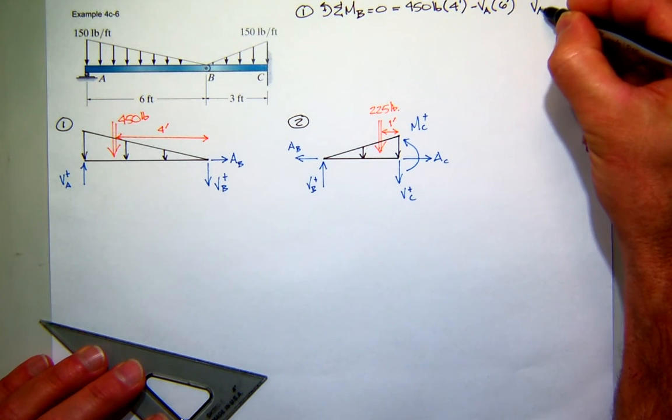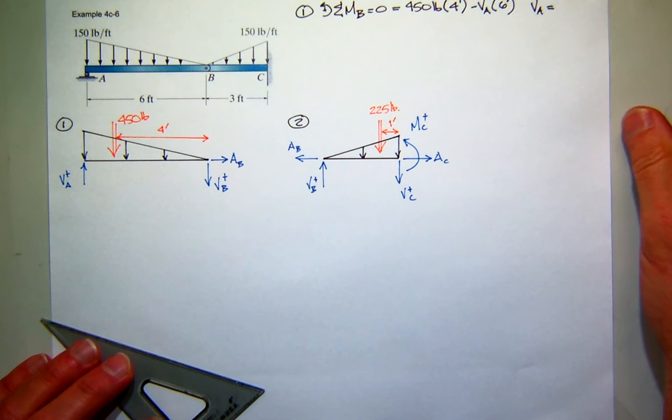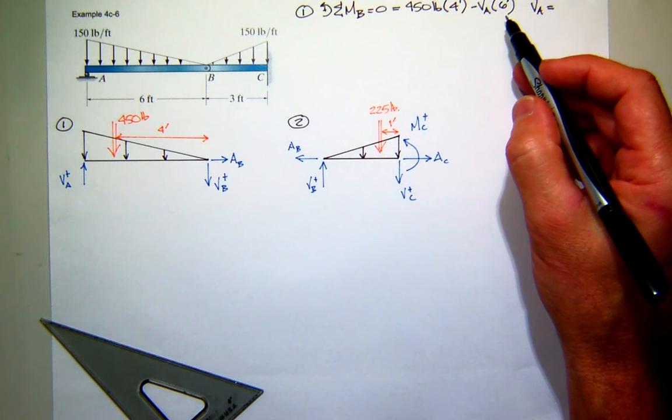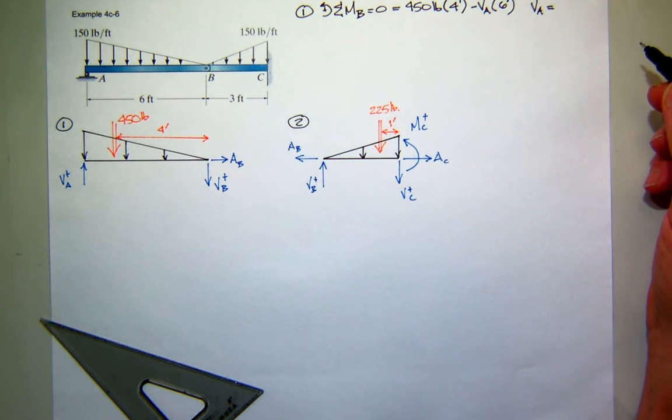So it looks like the shear at A is equal to, oh, I'm kind of running off the top there, sorry. So what is that? What's 2/3 of that? 300? Is that 300 pounds? Can you guys calculate that for me real quick? Yes, 300.